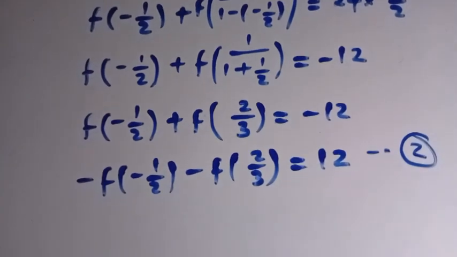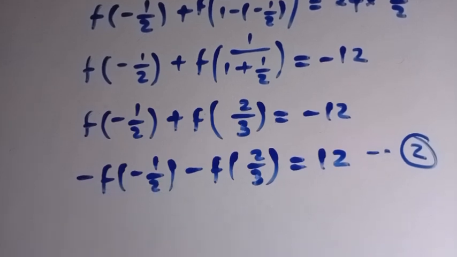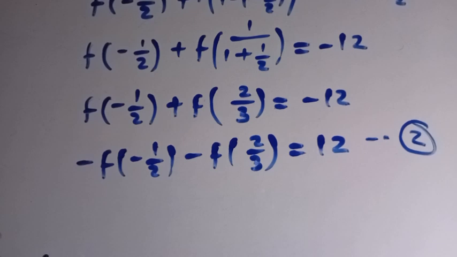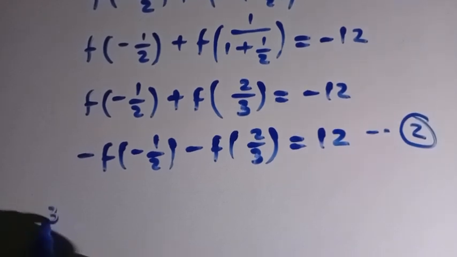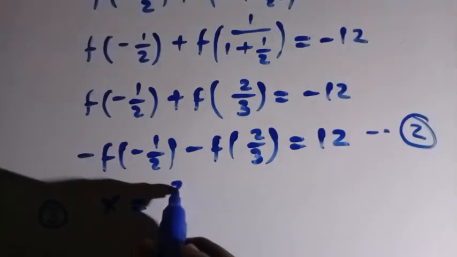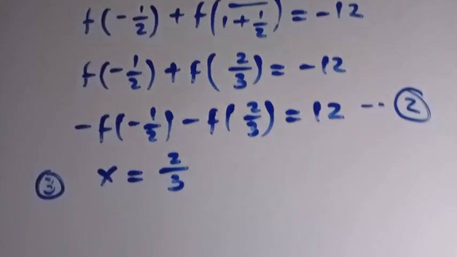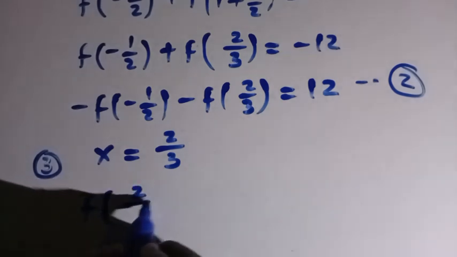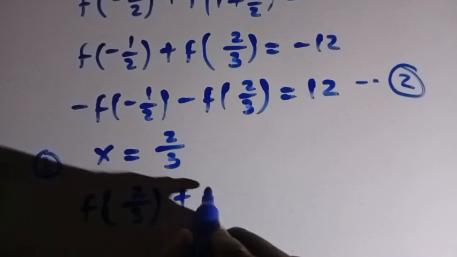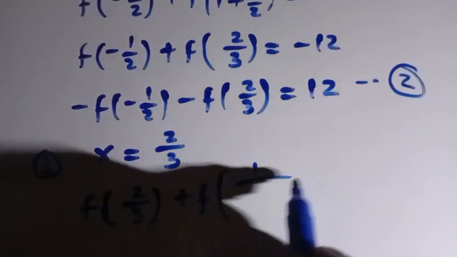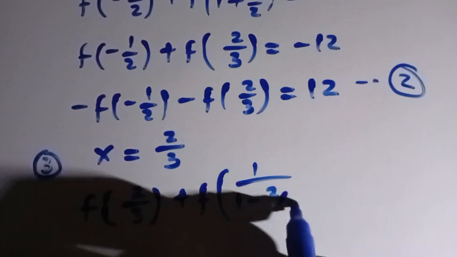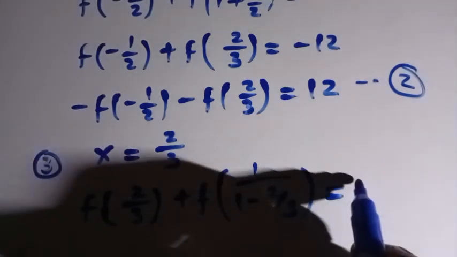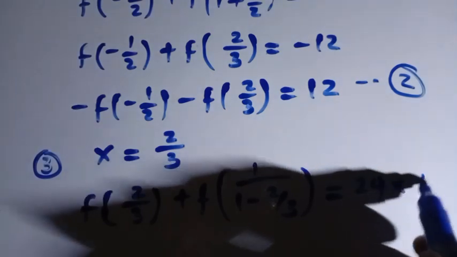And also I'm going to form another equation from what we have here. I keep going till I get f of 3, which I got from the beginning. So by changing x to 2 over 3 in the original equation, we have f of 2 over 3 plus f of 1 divided by 1 minus 2 over 3 equals 24 multiplied by 2 over 3.